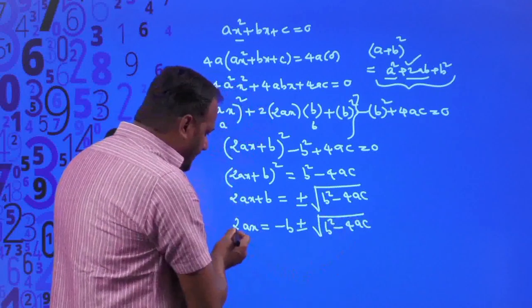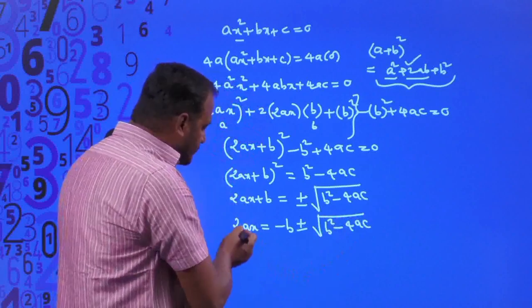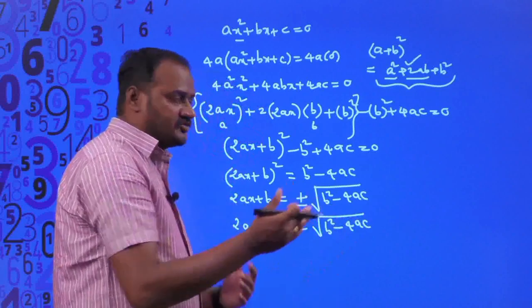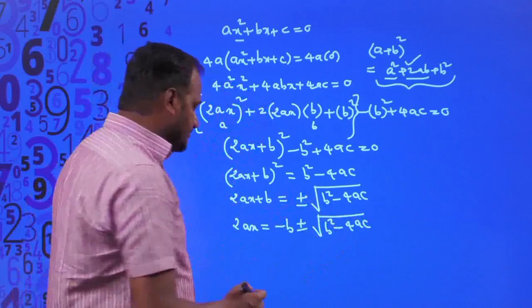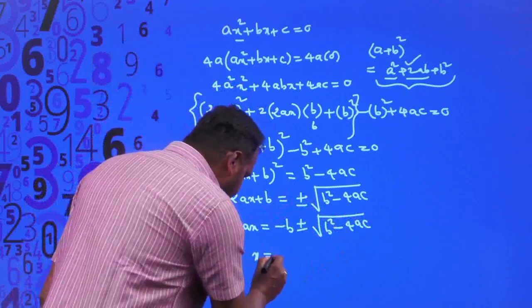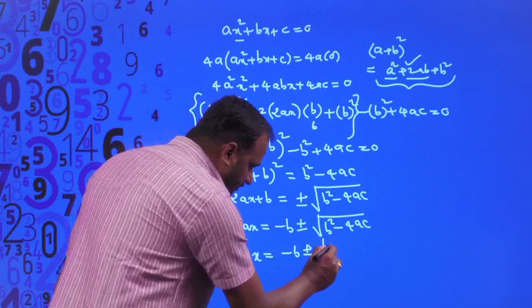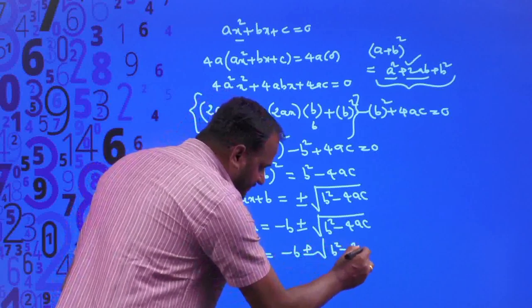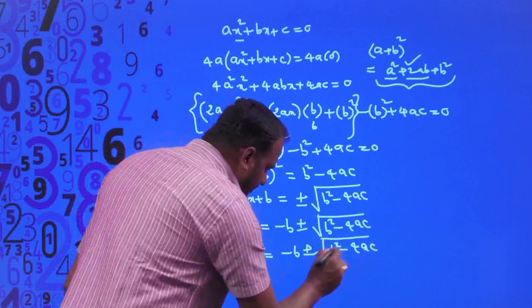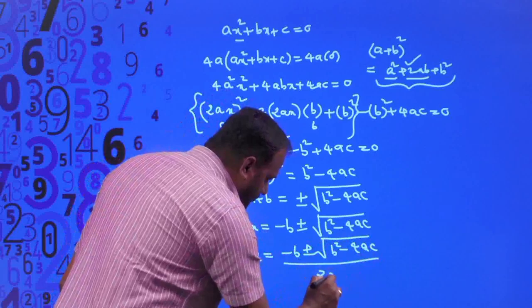But still we have 2a here. Since 2a is multiplying, when you transpose it towards the right hand side, it will divide. Therefore, the value of x is going to be minus b plus or minus square root b square minus 4ac, whole divided by 2a.